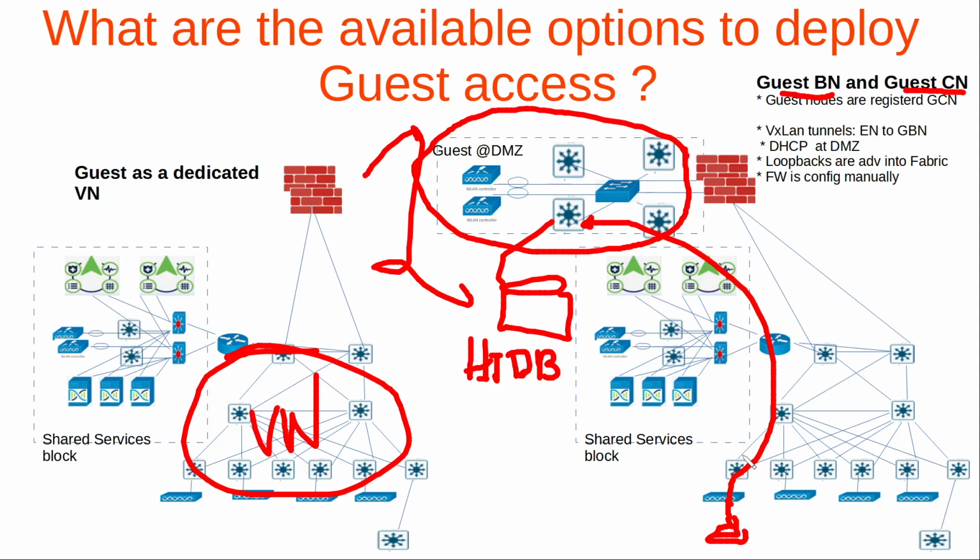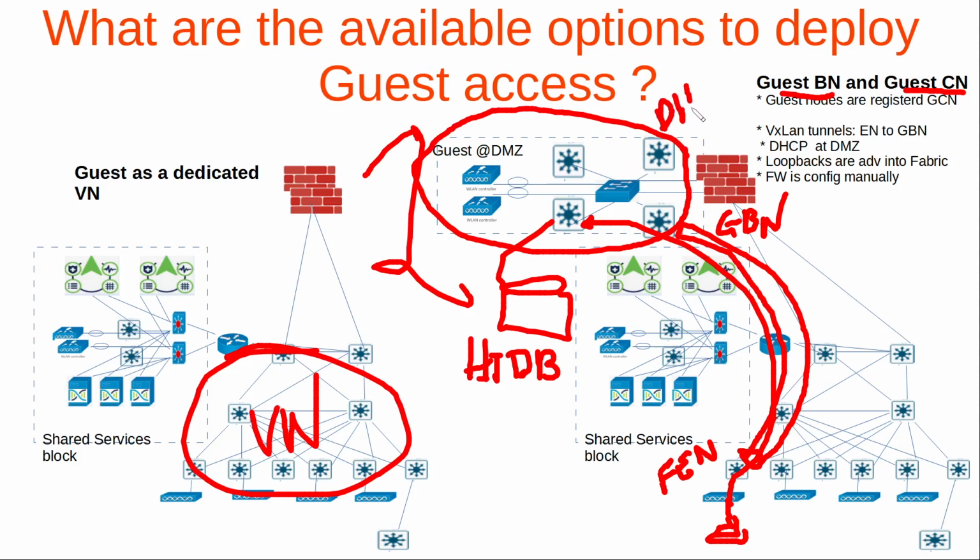So we are going to have VXLAN tunnels being created between the fabric edge nodes to the guest border nodes for guest traffic. We will also have DHCP servers here that will only be serving guest users.